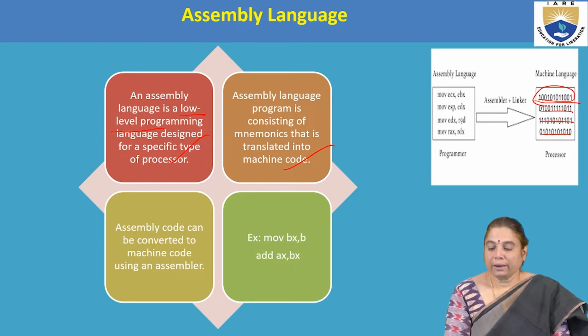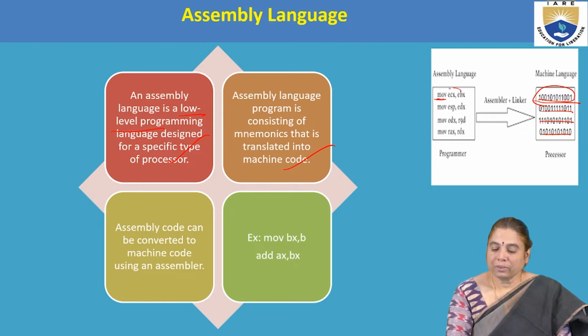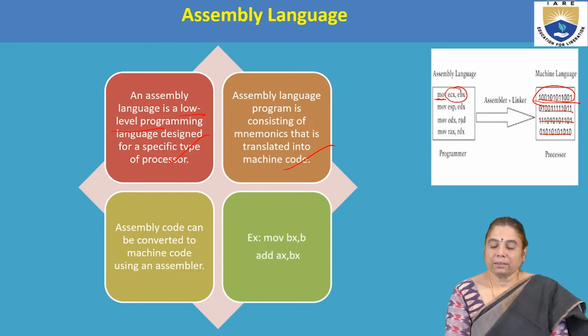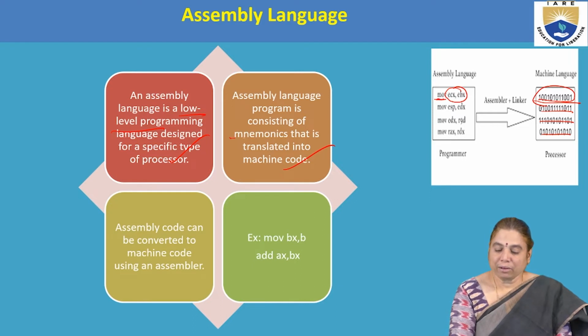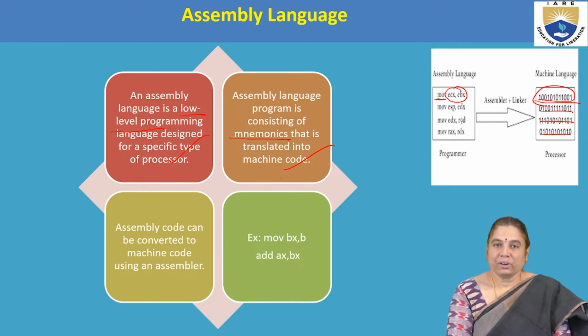To facilitate readability, the mnemonics are introduced in the assembly language. So here MOV is the mnemonic which instructs the system what operation to be performed, and next the operand, on which data this operation is to be performed, is specified in the assembly language. So assembly language consists of mnemonics that are translated into machine code.